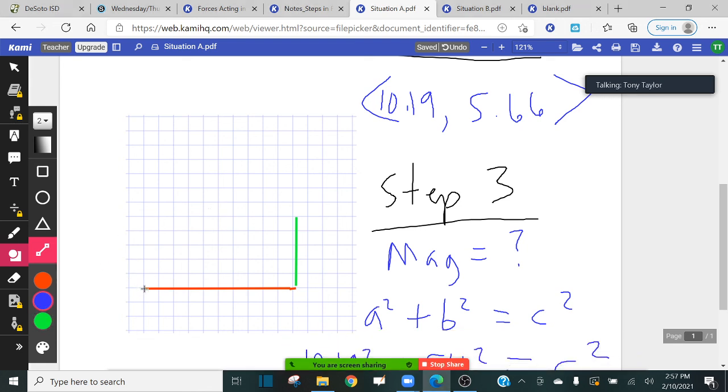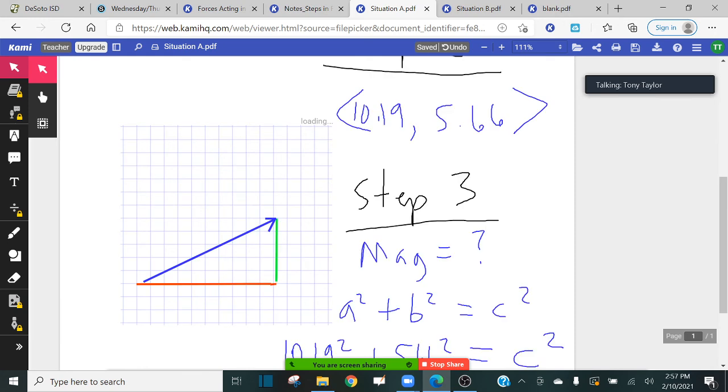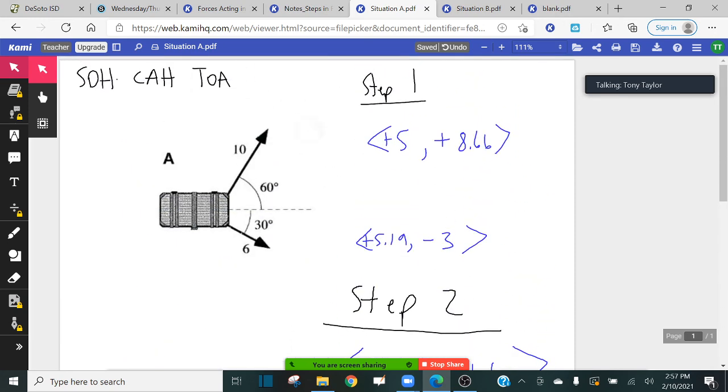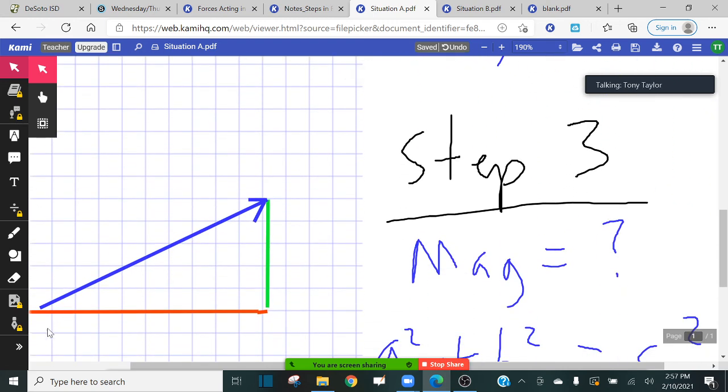So this resultant vector is going to point like this. Guys, look at that arrow in blue. Do you see the arrow in blue? What that's telling me is, if I pull on this treasure chest with both these forces, the treasure chest is going to accelerate in that direction.